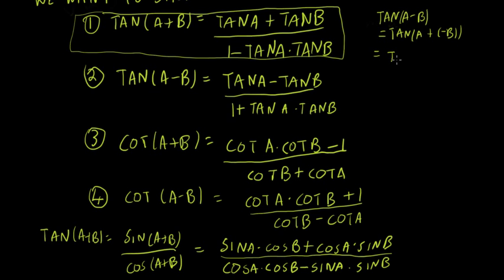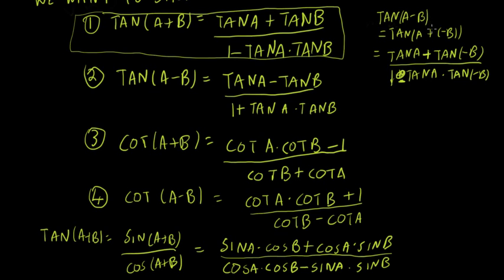So that's the tangent of A plus the tangent of negative B divided by 1 minus the tangent of A times the tangent of negative B. We're looking at this expression here.